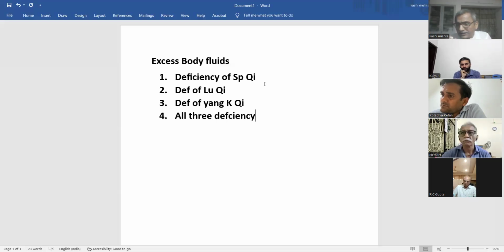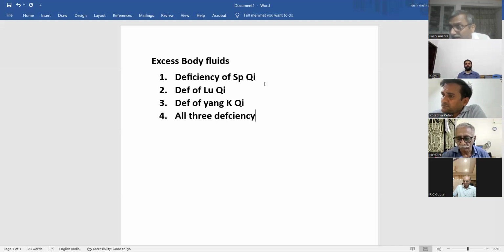So don't you think the spleen's yang will be consumed? Spleen chi will be consumed, it will get tired. So apparently you will feel that the spleen has gone weak, but it has gone weak because there is a stagnation in the liver. Stagnation in the liver means excess of liver.